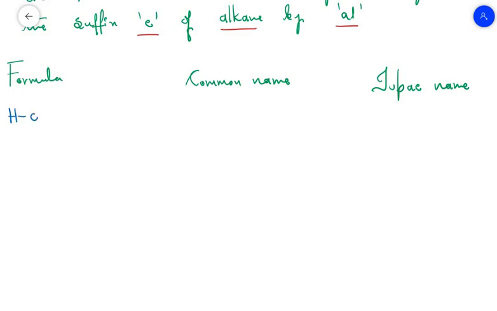First example, H C double bond O H. The common name of this compound is formaldehyde.